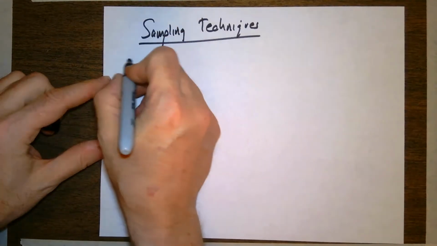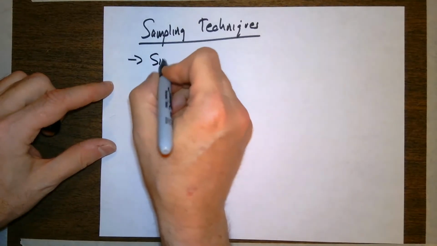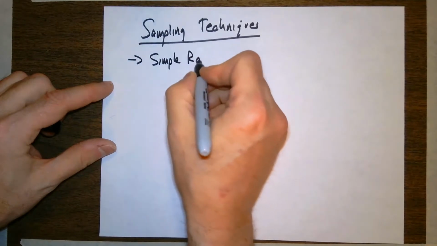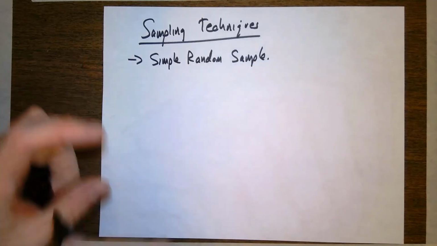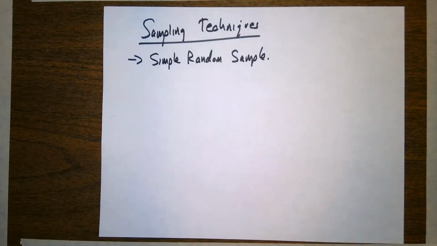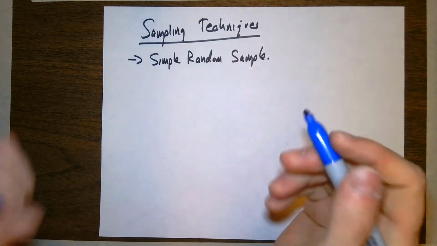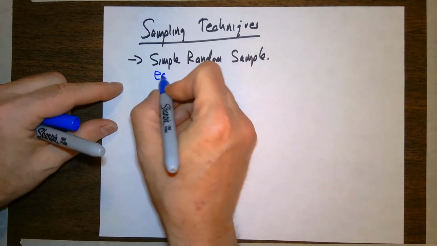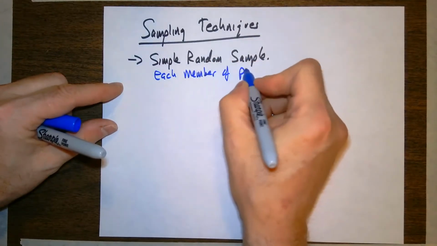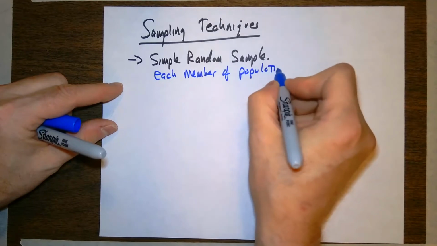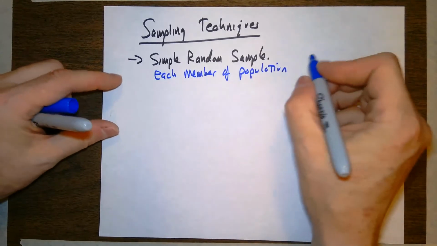The first one is a simple random sample. The important thing in a simple random sample is that each member of the population is equally likely and unlikely to be selected.